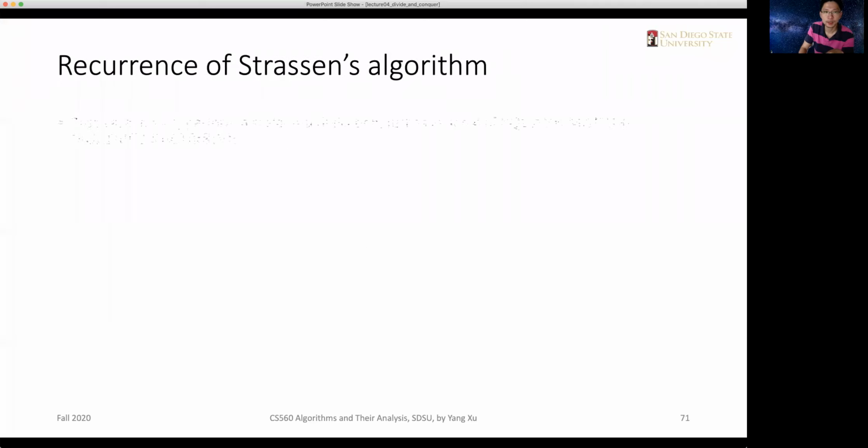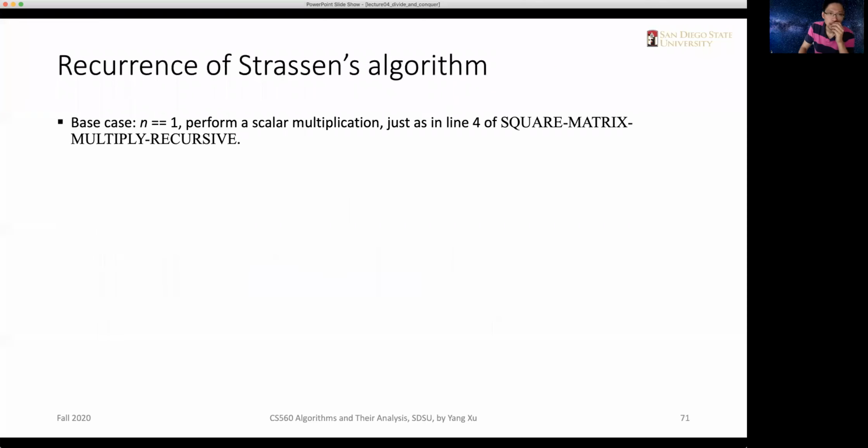Okay, so let's look at the recurrence of Strassen's algorithm. For the base case, it is the same, just a scalar multiplication, which is constant time.